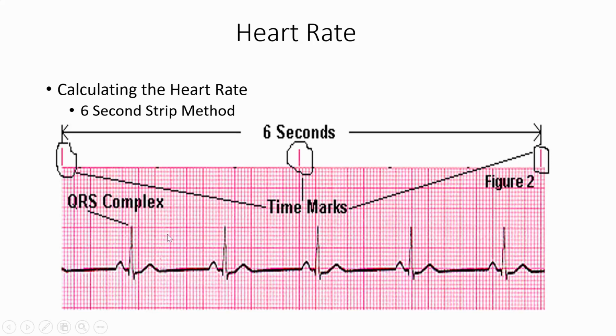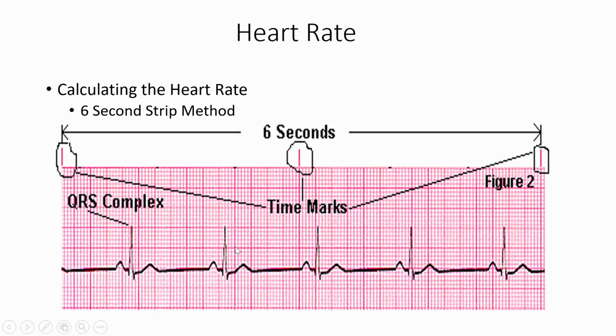And then once I got this, let's just say it's, I'm just making up a number, okay? So just realize that, because I cannot count all those little boxes. I do not have my glasses on at this moment. But let's say this R to R right here is 30 little boxes, okay? We know it's not, but let's say it is.